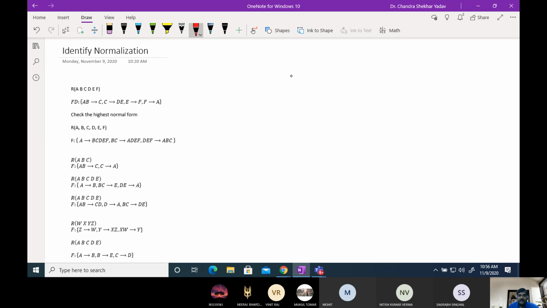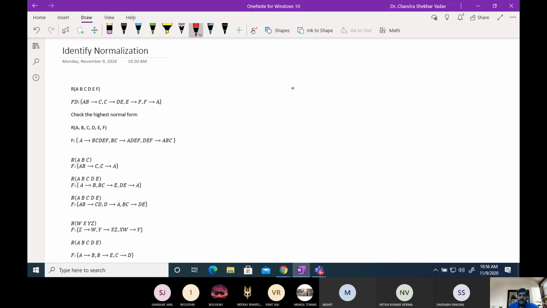A relation is said to be in second normal form if and only if it is in first normal form and all the non-key attributes are fully functionally dependent on the candidate key. Then third normal form. A relation or table is said to be in third normal form if and only if it is in second normal form and all the non-key attributes are non-transitively dependent on the candidate key.